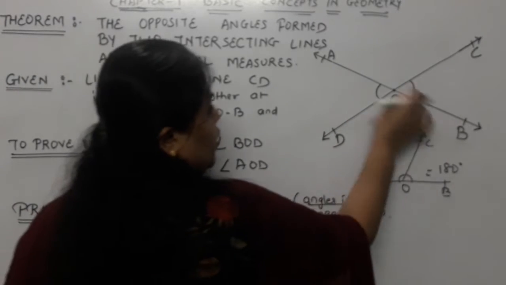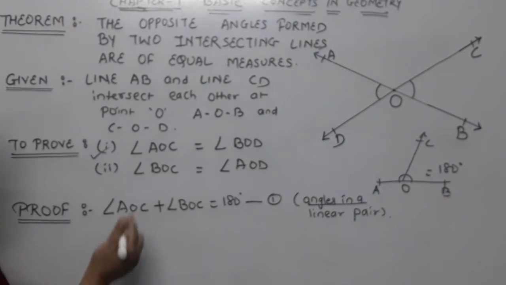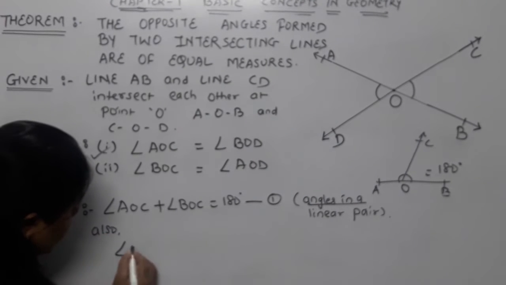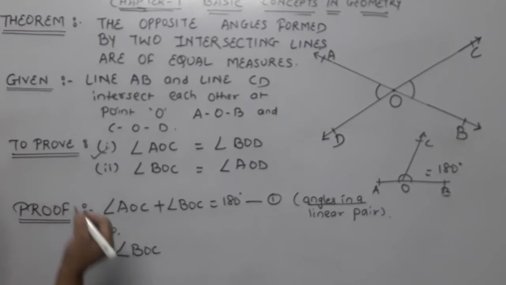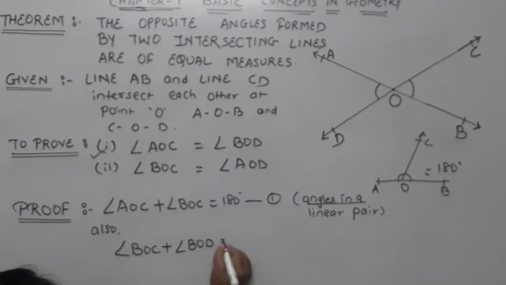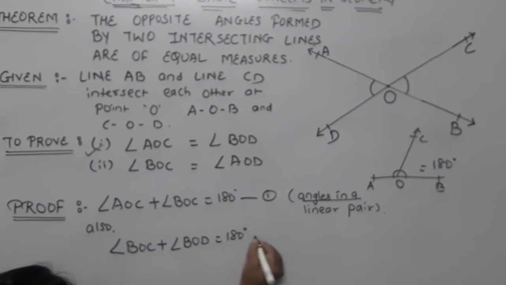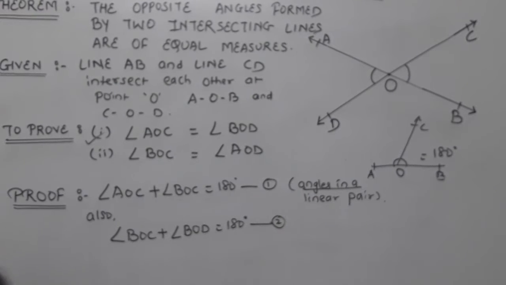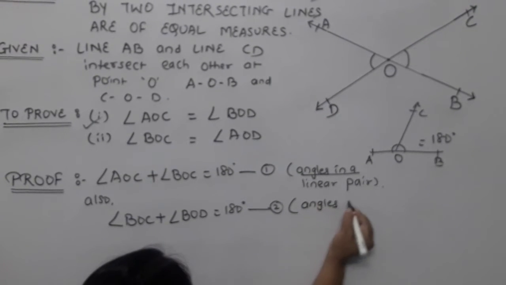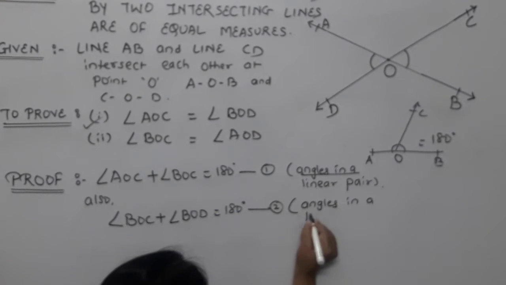So I'll take BOC as common. The second one will be angle BOC plus angle BOD equals 180 degrees. This is my second equation, and the reason will be the same, angles in a linear pair.